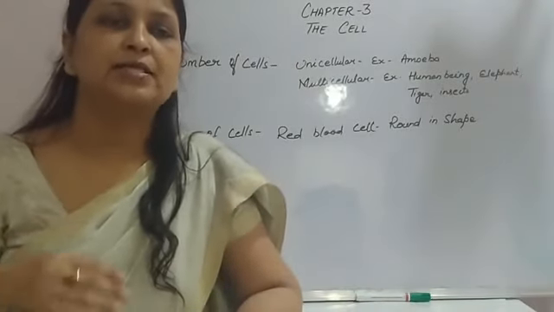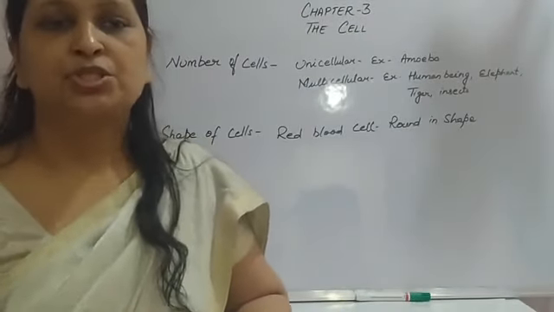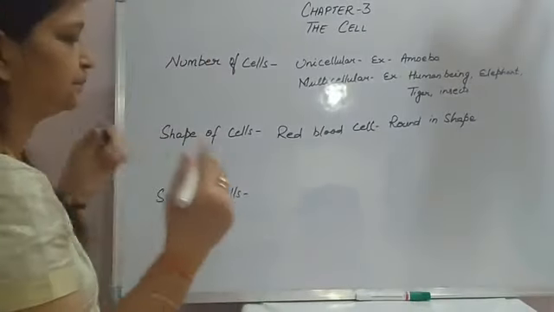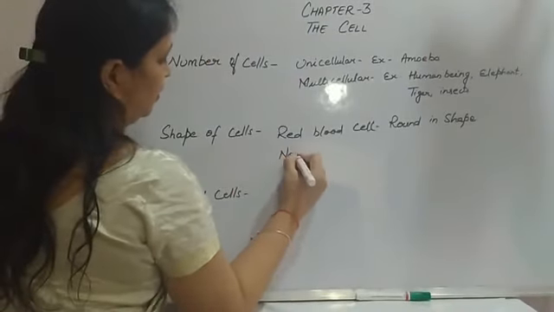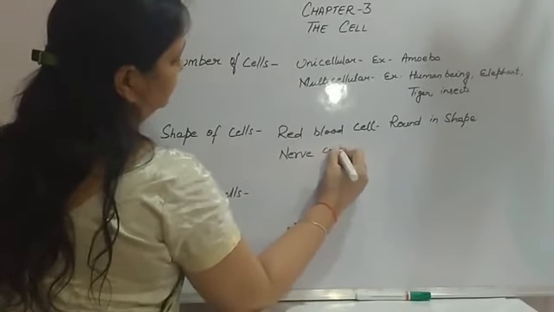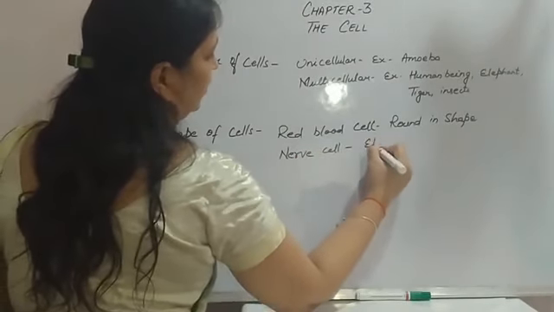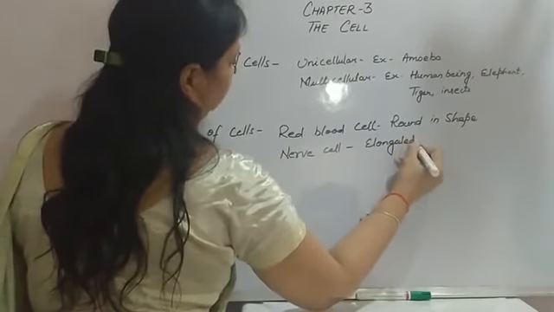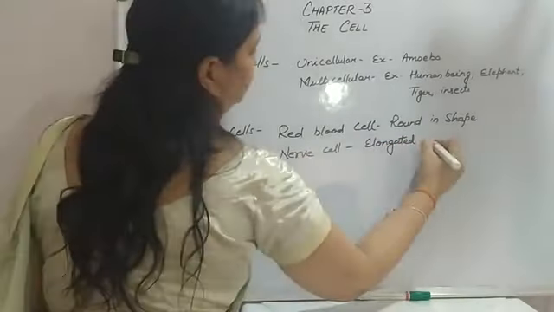They are also known as elongated cells, shaped like a branch of a tree. Nerve cell, elongated in shape.